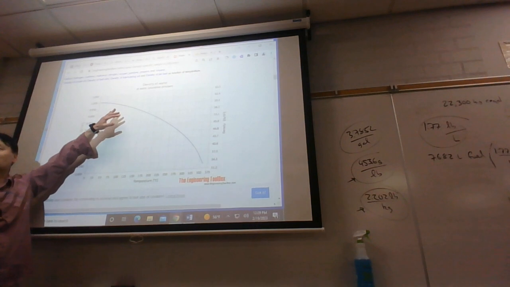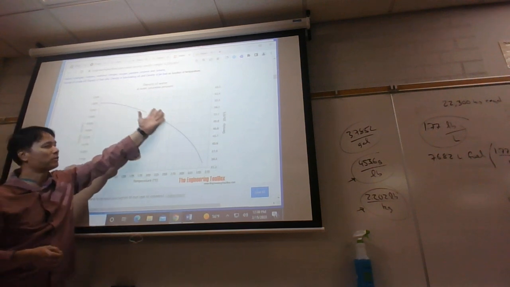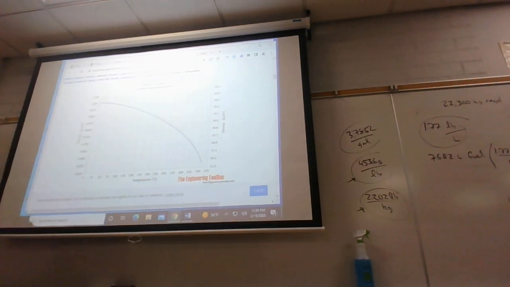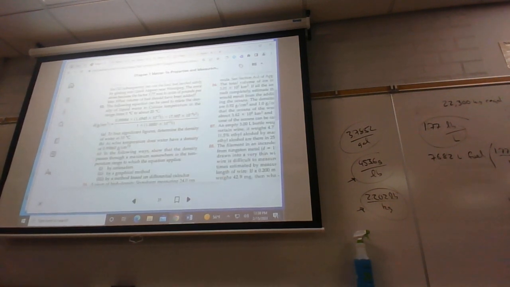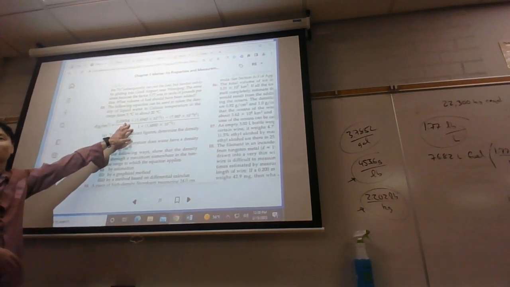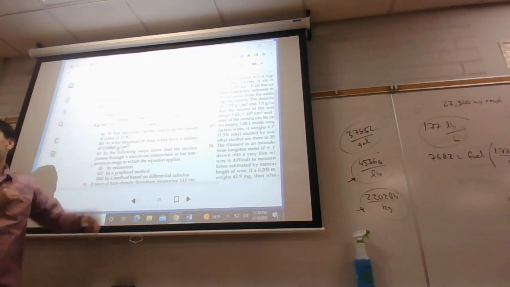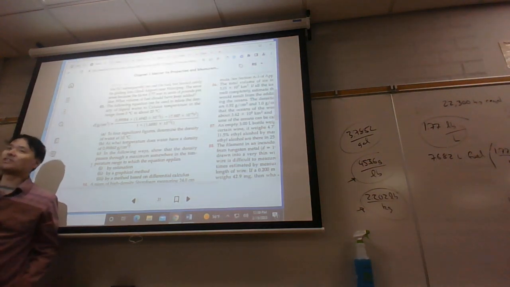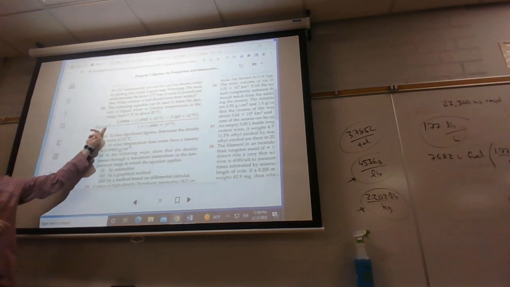What kind of mathematical equation describes a parabola? A quadratic. Somebody figured it out, and here is the quadratic formula for that curve. Once we describe that curve with a mathematical equation, we can just plug in the temperature and calculate its density.